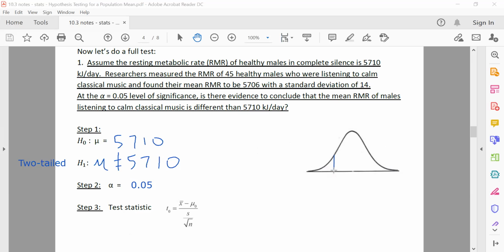Now, if the level of the test is 0.05, that means that half of that has to be in the lower tail and half of that has to be in the upper tail. That's how we're going to find our critical values.